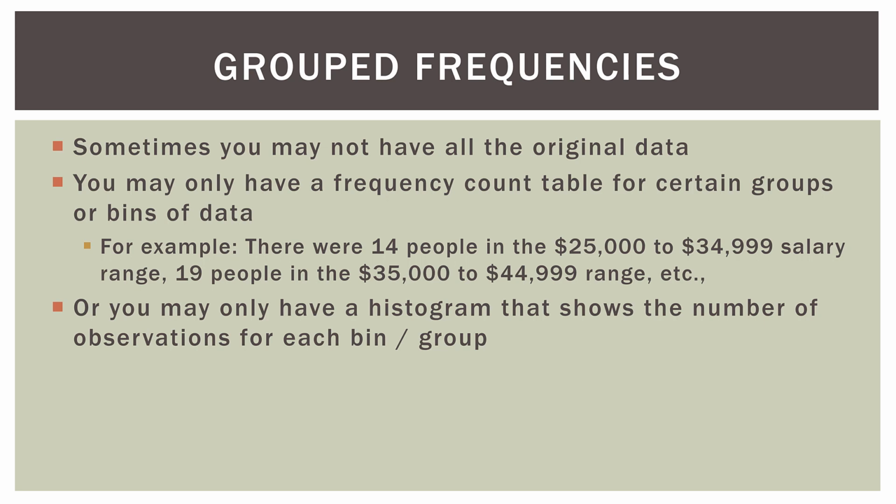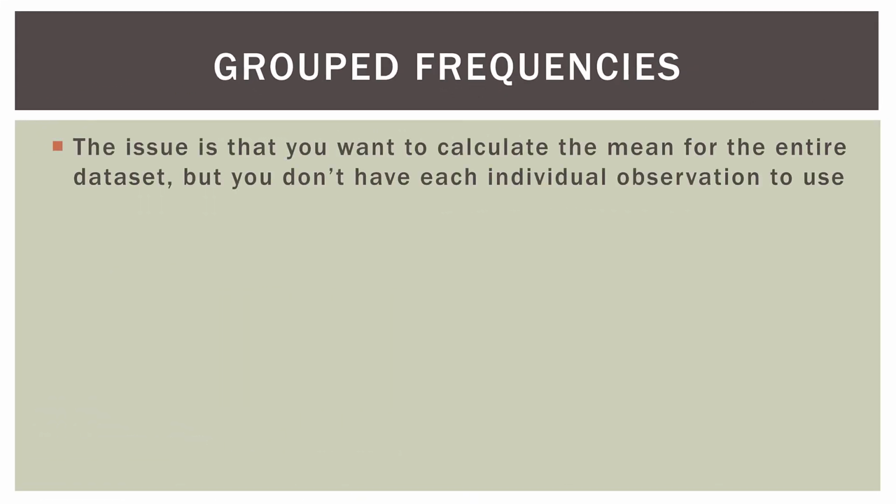Or you may only have a histogram that shows the number of observations for each bin or group. So you may not even have a table. You may just have a histogram, and then from there you create a frequency table. Now the issue is that you want or need to calculate the mean for the entire data set, but you don't have each individual observation to use to do that.